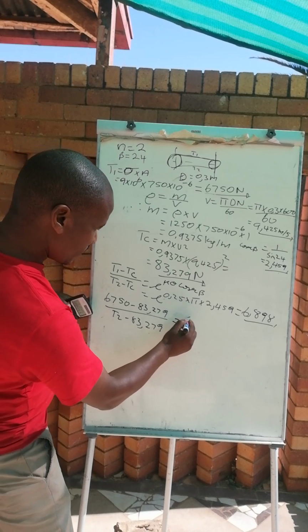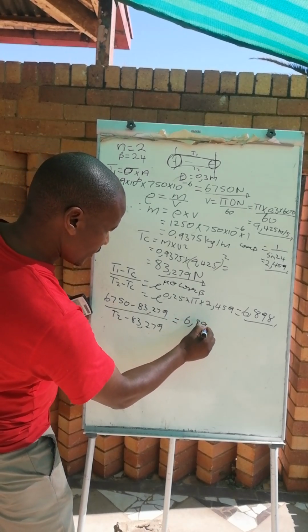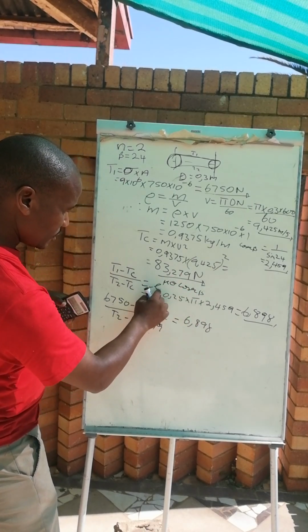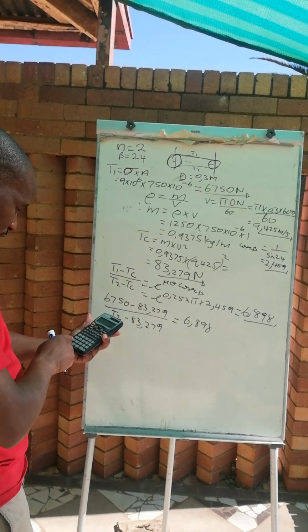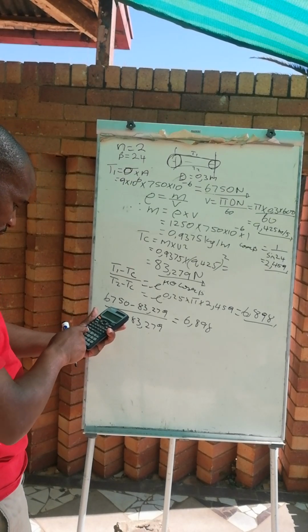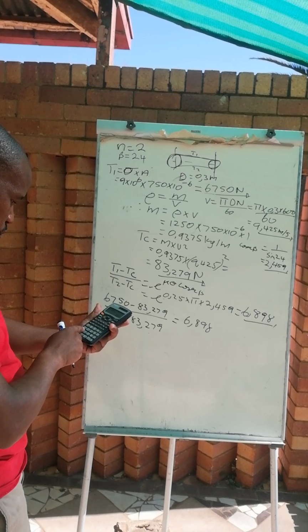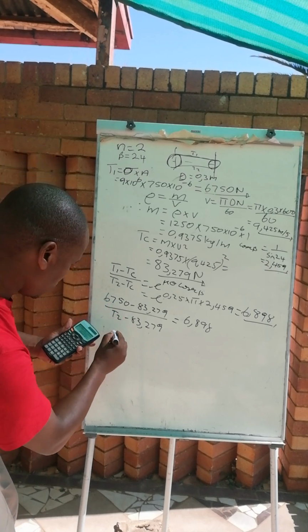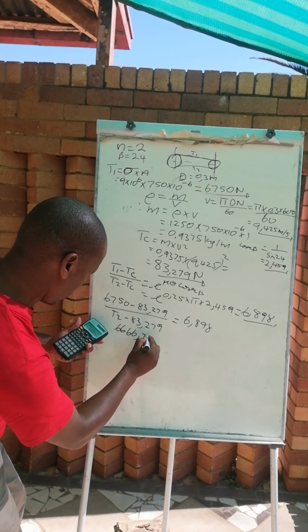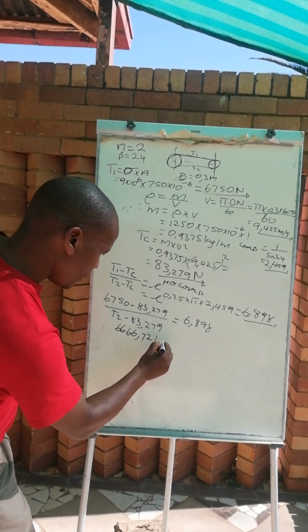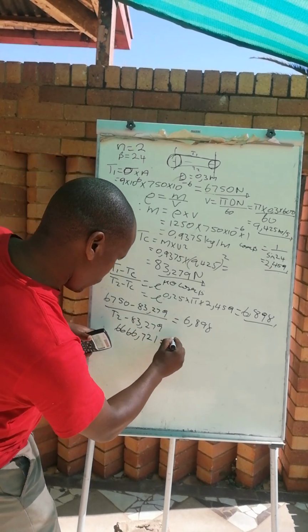This was calculated and found to be 6,898. Now 6750 minus 83,279 is 666,721.